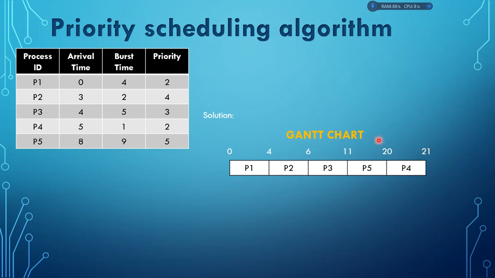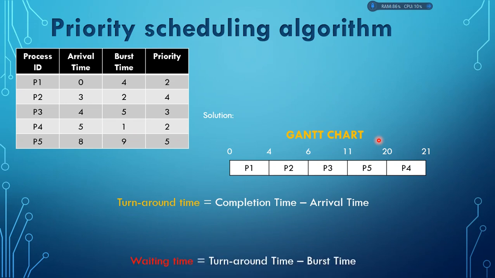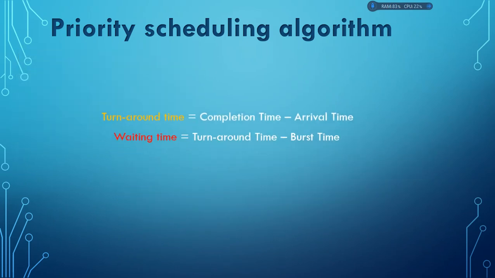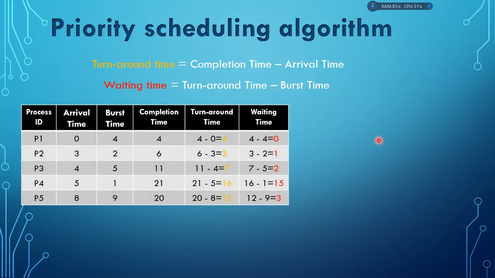Our main objective here is to compute the average turnaround time and the average waiting time. To do that, we have to compute first the turnaround time and waiting time for every process. We have substituted here the values of the completion time, and by that we can compute the turnaround time and the waiting time.